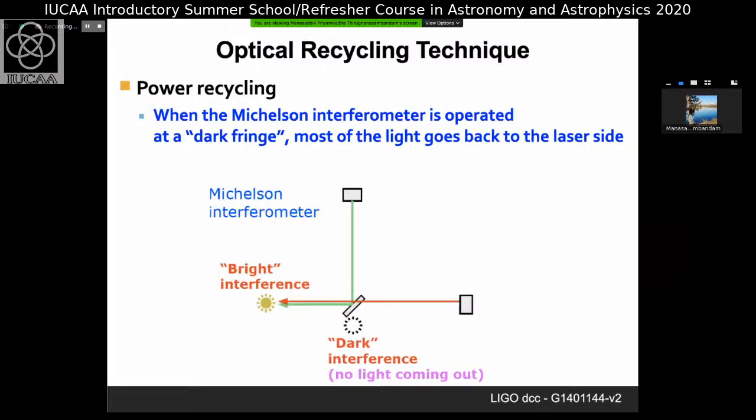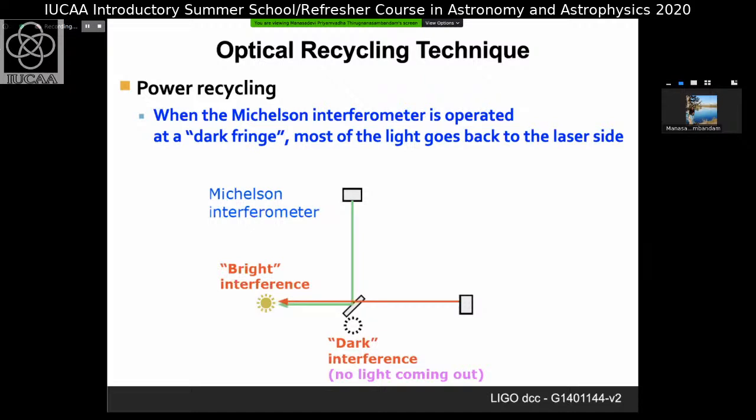We know that we detect the interference at the dark port of the interferometer. And owing to the photon counting error, because light is made of photons, you arrive at a noise parameter called shot noise. The shot noise level depends largely on the power of the laser that is being used.